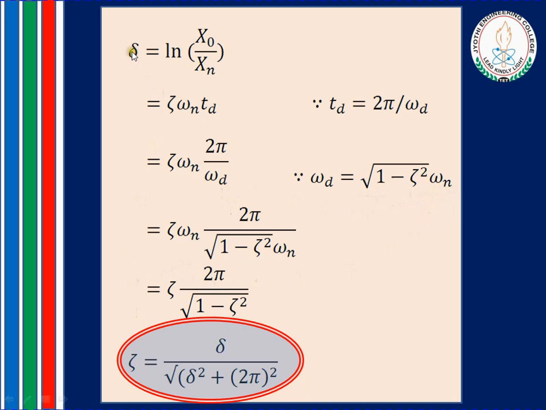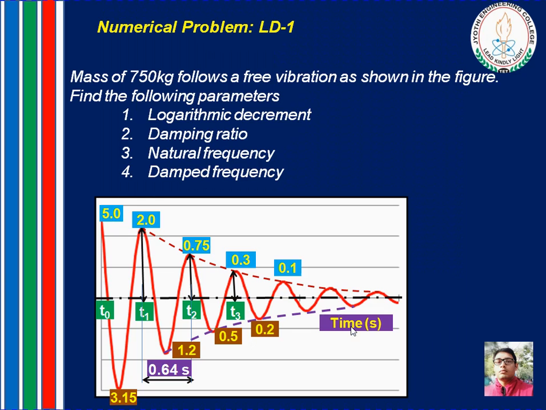That means the damping ratio zeta equals delta divided by root of delta square plus 2 pi whole square. Rearranging the equation and keeping the zeta term alone on the left side, we get this equation. This is the standard equation to get the damping ratio, which can be used for comparing the energy dissipated from a system under different damping conditions.